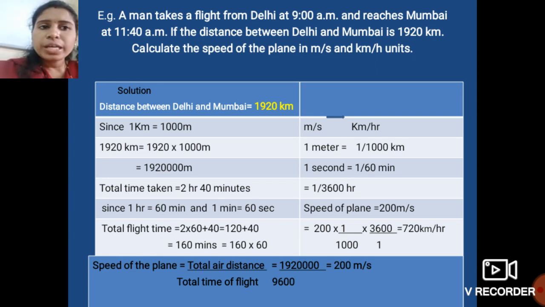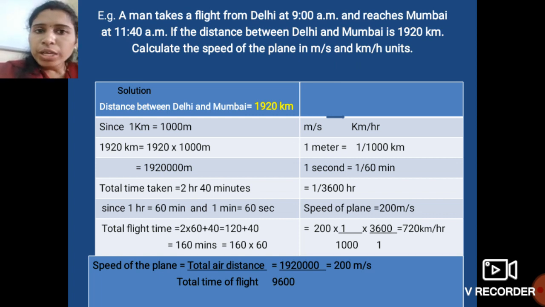We have to calculate how much speed, whether it is fast or slow. We have to calculate the speed of the plane in meter per second as well as kilometer per hour units. First we have to calculate the speed of the plane in both units.